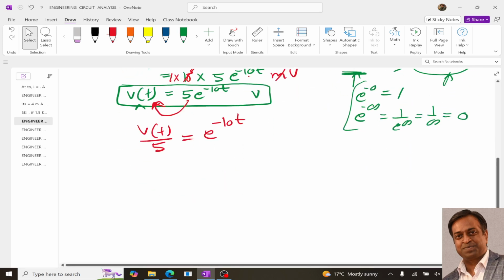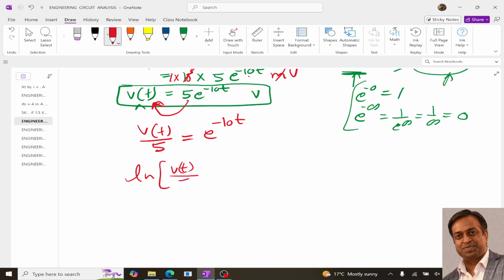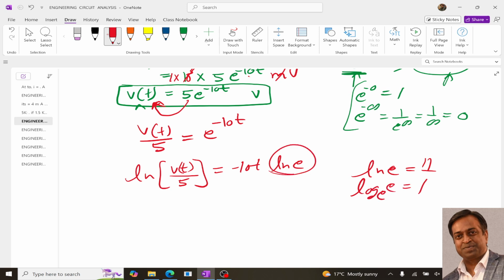Then taking the natural logarithm of both sides, ln of v(t) upon 5 equals minus 10t times ln e. We know that ln e is equal to 1, because ln is simply the logarithm with base e. So this term will be 1, and we get ln of v(t) upon 5 is equal to minus 10t.